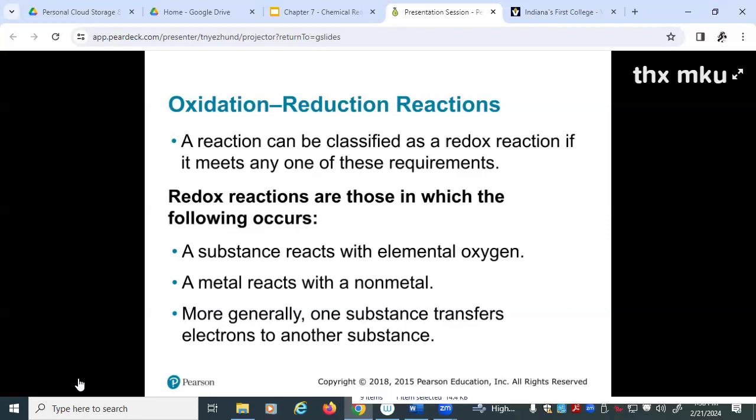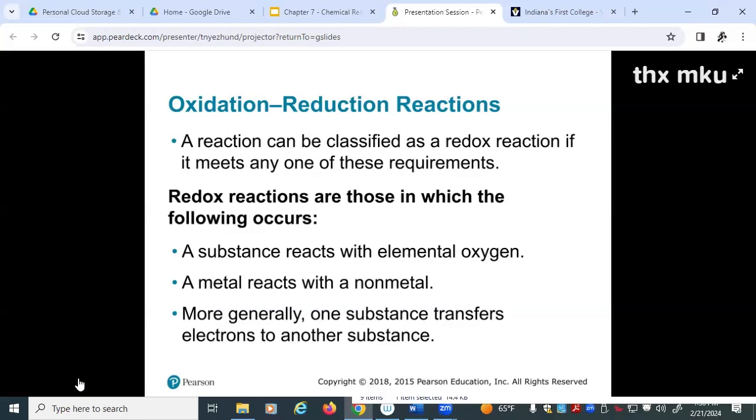Another example is when we have metals reacting with non-metals. This is another example of a combination reaction. If I have sodium reacting with fluorine to make sodium chloride, I started with no charges on the elements. Now I have ions. That's the basis for my redox.